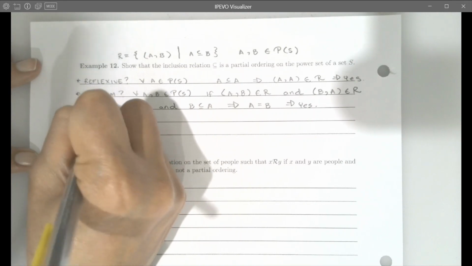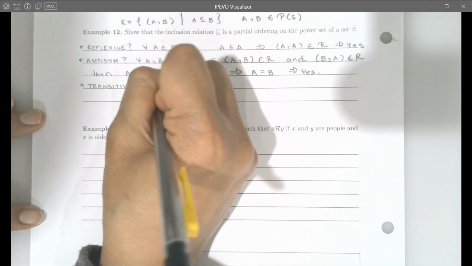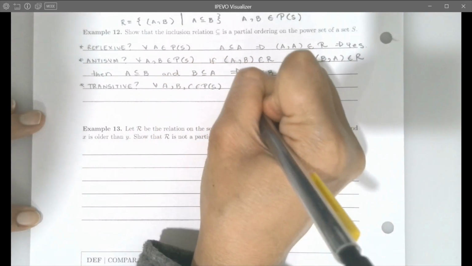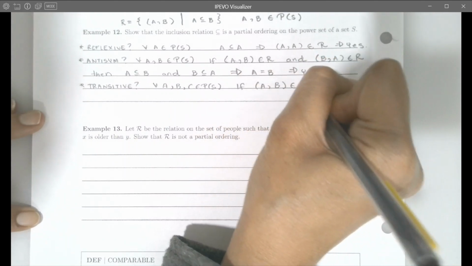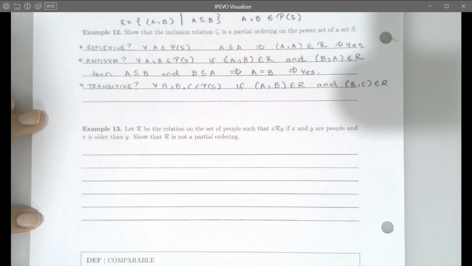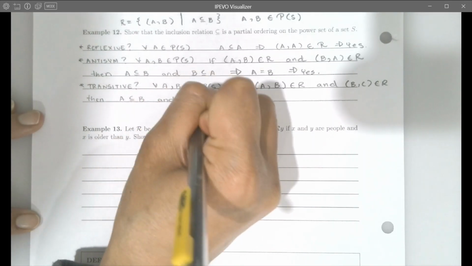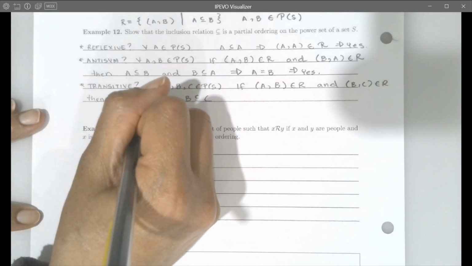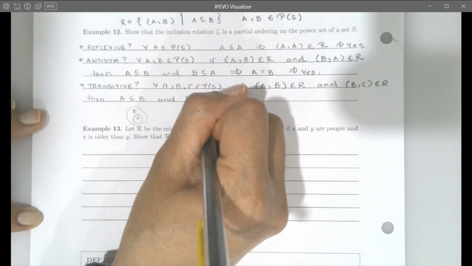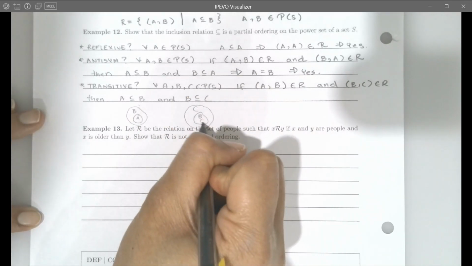And finally, is it transitive? Well, now let's take any three sets that are part of the power set and take a look at what it means for AB to be part of R and BC to be part of R. If they're part of the relation, then that means that A has to be a subset of B and B has to be a subset of C. Just to draw a diagram, if this is B and A is a subset of B, and in this case we have an even larger set, let's call it C, that contains B, well then automatically it needs to contain A as well.